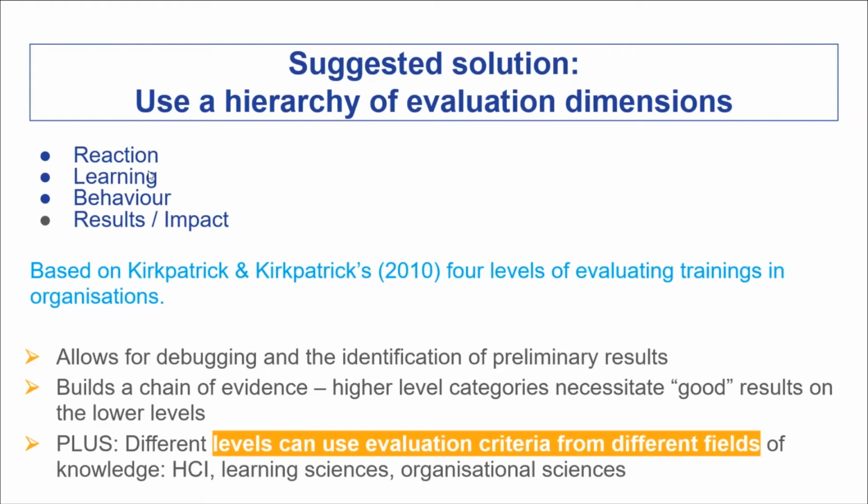If you're going towards learning, you can use a lot of the methods and instruments from learning sciences. Behavior, you again might be able to go more into behavioral psychology. And if you want to measure results and impact in some settings, you want to measure that at an institutional level, and then you might be able to take instruments and tools from management sciences, for instance.